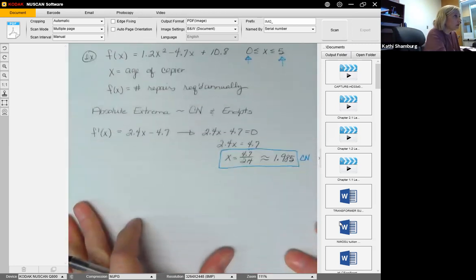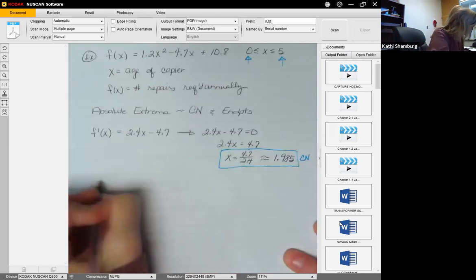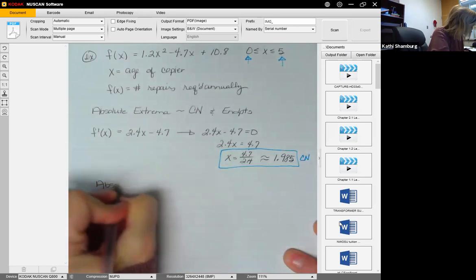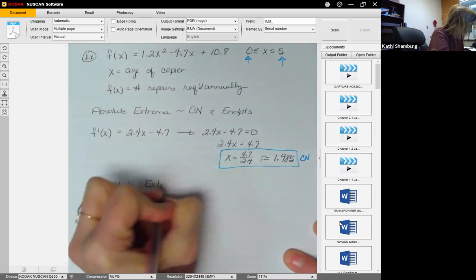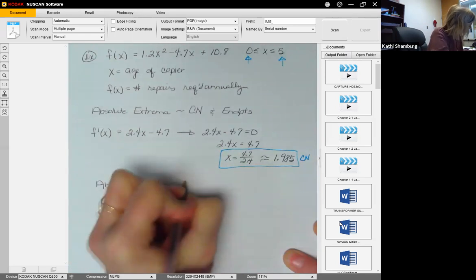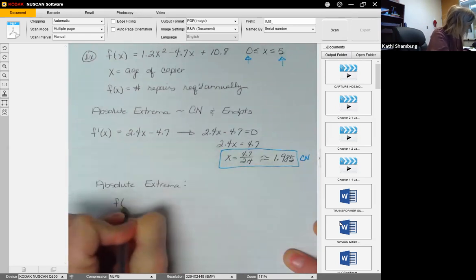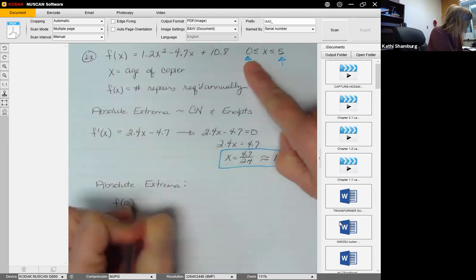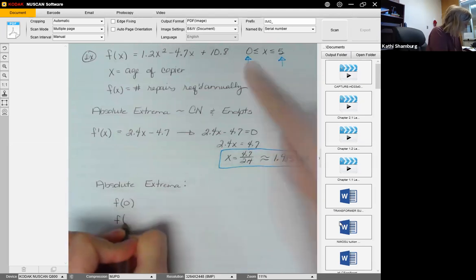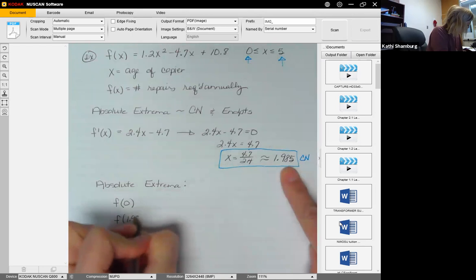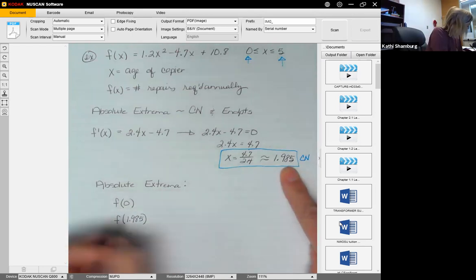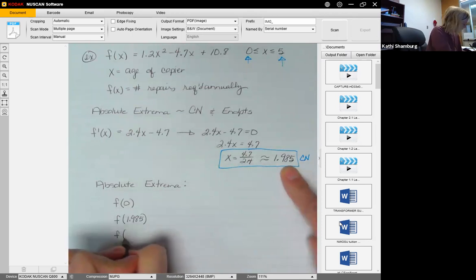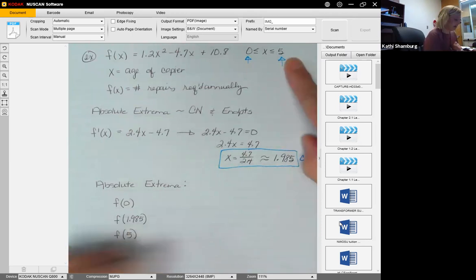So we are going to evaluate the original function at the endpoint 0, the critical number 1.985, which would be approximately 2 years, and then the other endpoint 5.